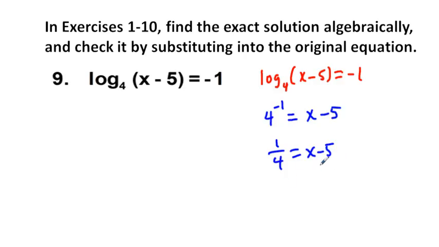So x is plus 5, plus 5. We have x equals 1/4 plus 5, which decimalized equals 5.25.